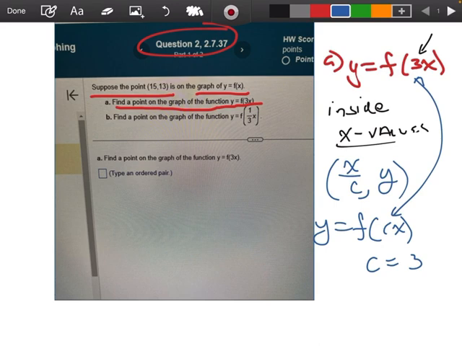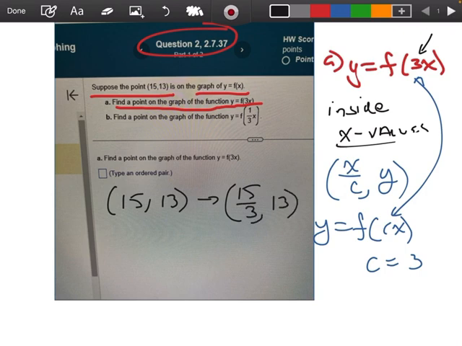And so if the original point we have is (15, 13), then the new point we're going to have is 15 divided by 3 and 13. And so the new point I'm going to have, y'all, 15 divided by 3 is 5, so (5, 13). So right here, y'all, my answer is going to be (5, 13), okay?